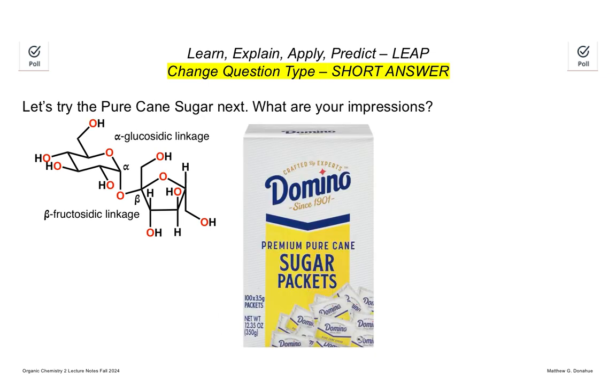So the next one is the Domino sugar, and if you look at this advertising, it says premium pure cane. And so, look at the color of it. How does it sort of taste different? So again, this one's been refined.